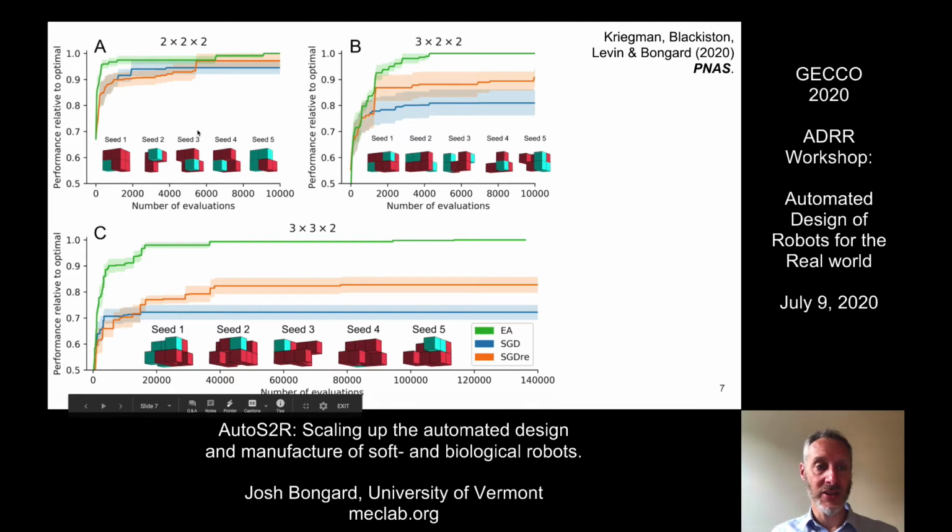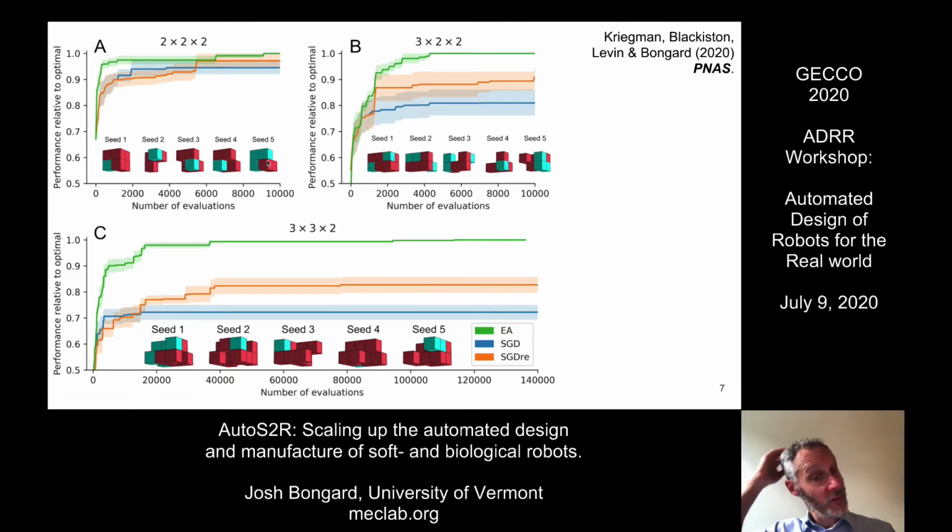In this case, we considered creating soft robots inside an empty 2 voxel by 2 voxel by 2 voxel cage. Given that small design space, we can enumerate all of the possible robots that can be built inside that volume. We know the entire search space. And it turns out that in a 2 by 2 by 2 design space, there are 5 optimal solutions, 5 global optima.